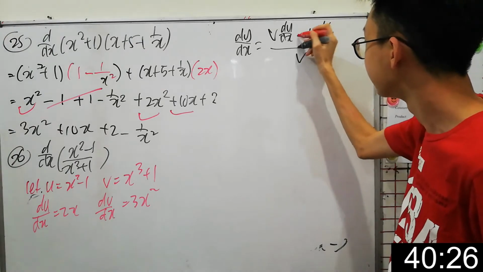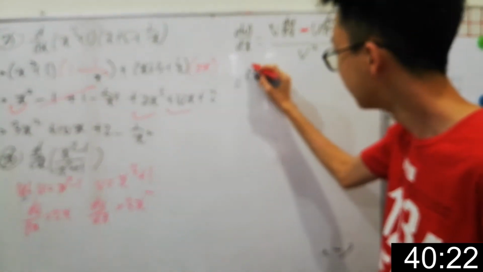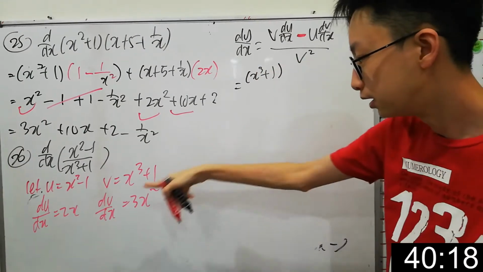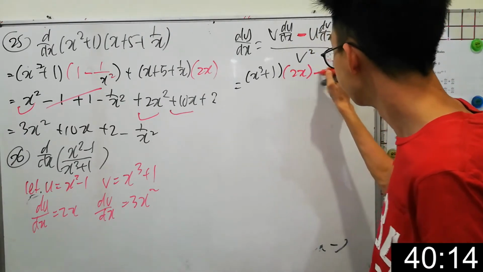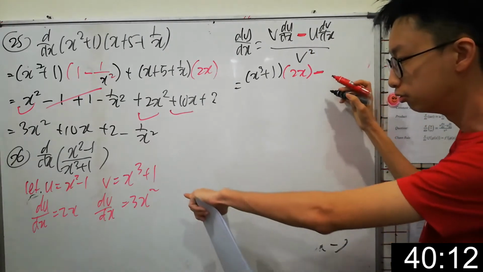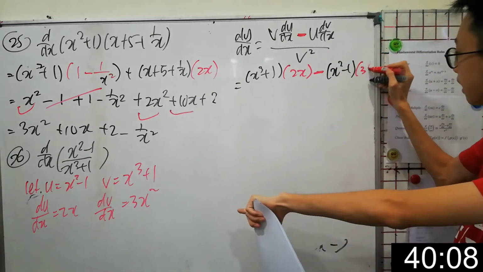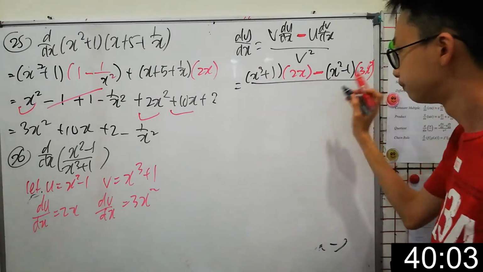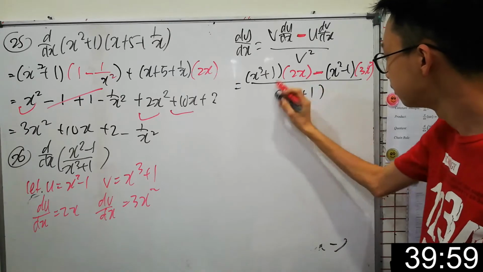Make sure this is a negative here, yeah? Okay, what is our v? v is x cubed plus 1 times du dx. du dx is 2x. Then minus is a minus. u is x squared minus 1 times with a 3x squared. Okay? Then over v, which is x cubed plus 1, then you square it.